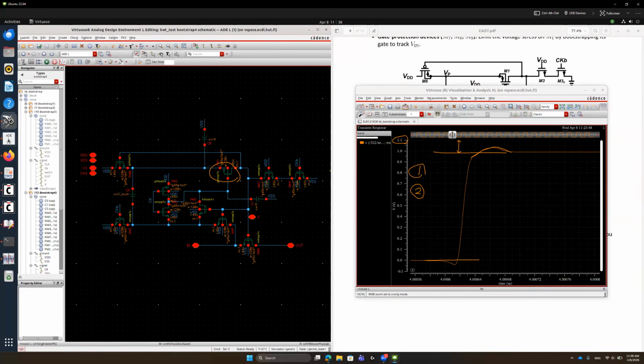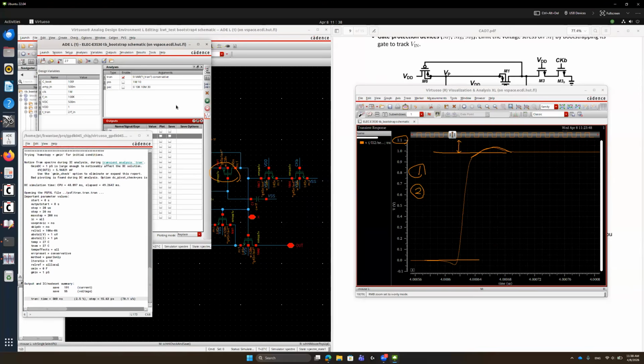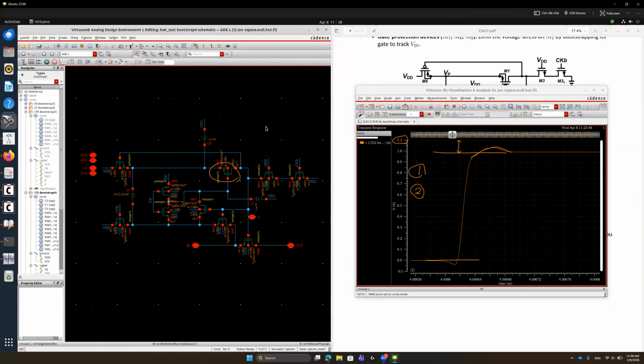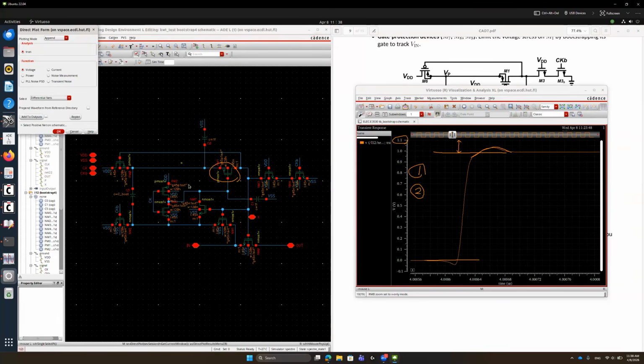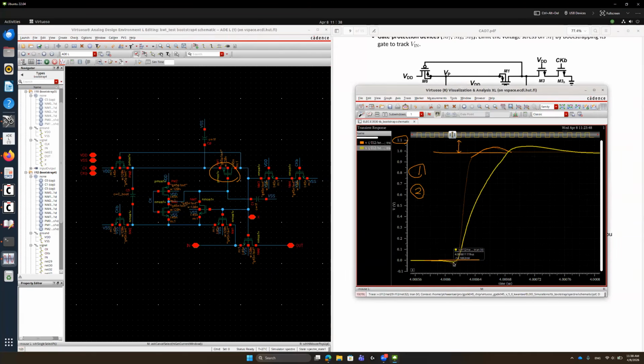Okay, and if I run the simulation again, and if we plot VSG, then you can see that there is some sort of reduced peaking here.